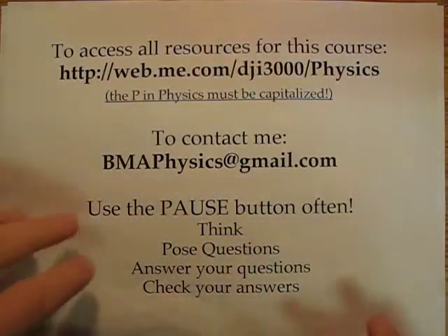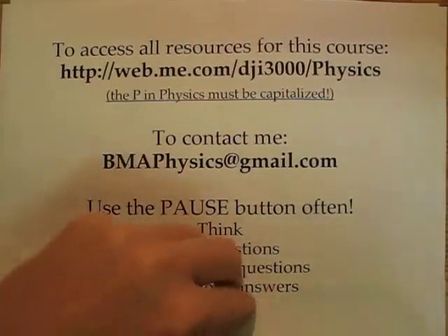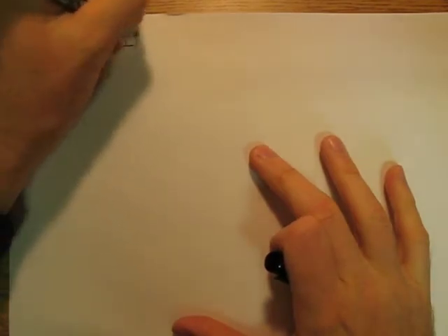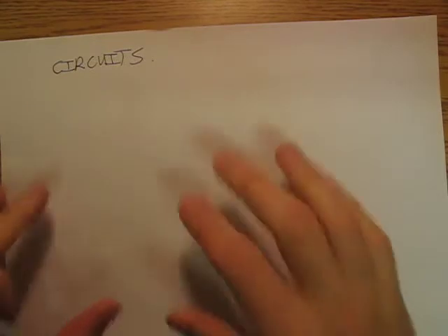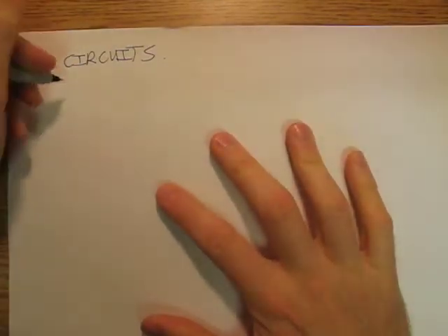So chapter 18 is going to be all about circuits, and so we're going to basically jump right into circuits. And we're going to have basically the same elements that we had at the end of the previous chapter.